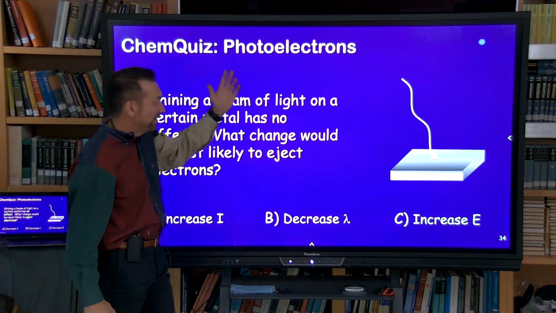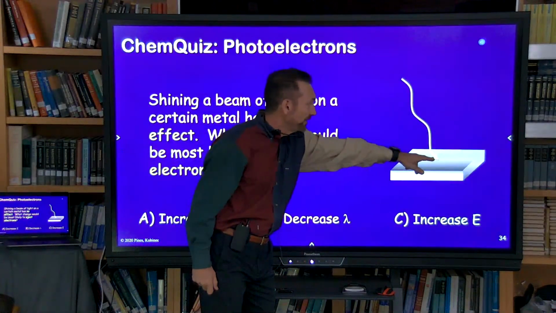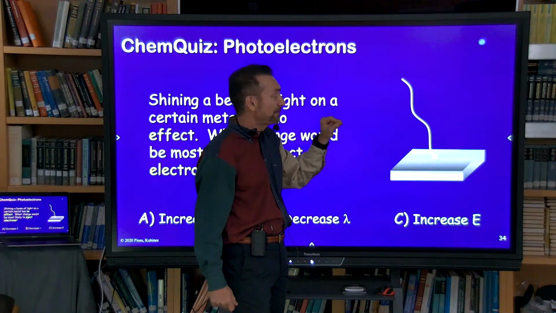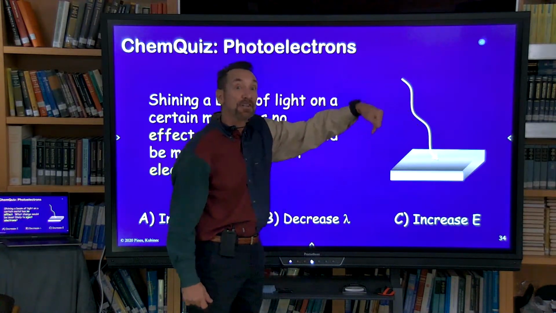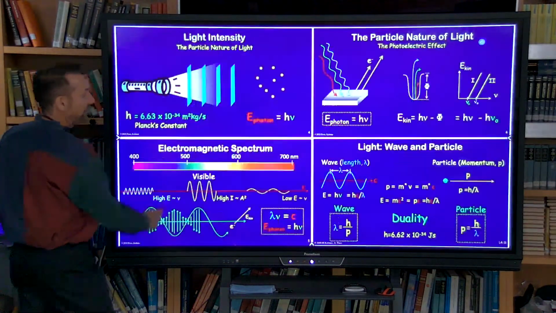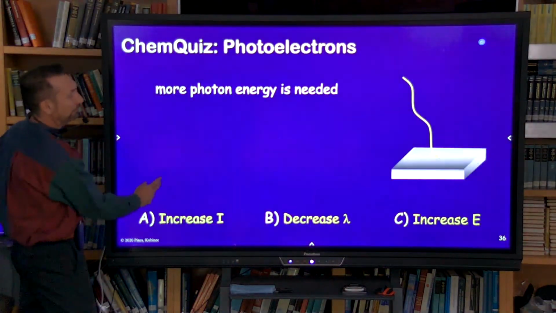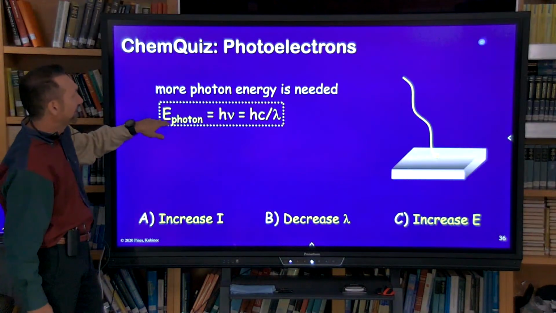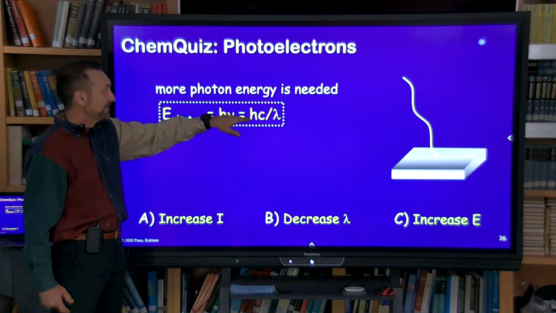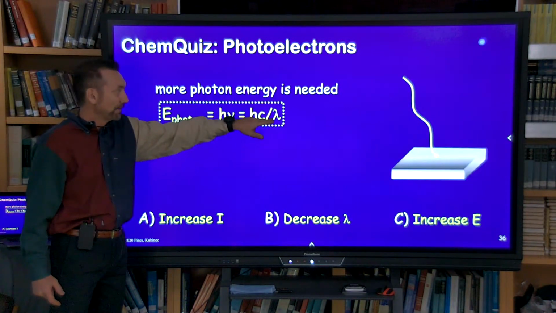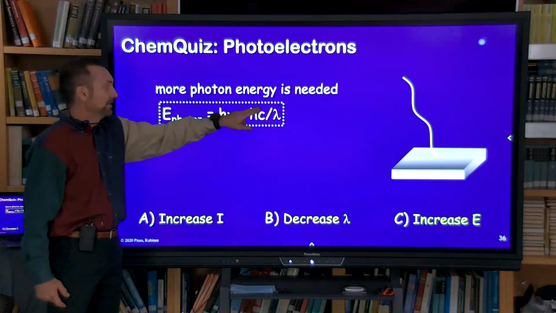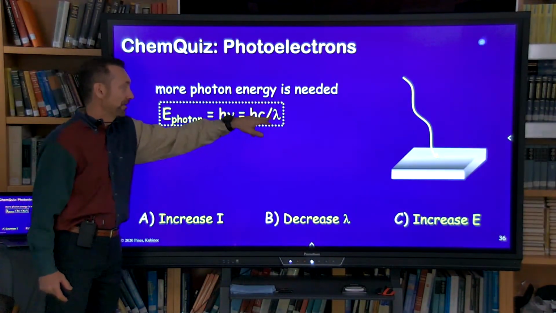So we know in order to do this, you have to increase the energy of the photons. You would do that by increasing the frequency or decreasing the wavelength. So those are actually both there. I have to get a photon. Here's E equals h nu. You can also write it as E equals hc over lambda. Remember, lambda times nu is the speed, so wherever I see a nu, I could put a c over lambda in.